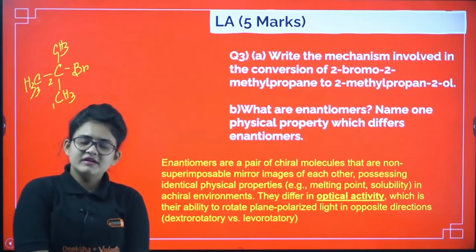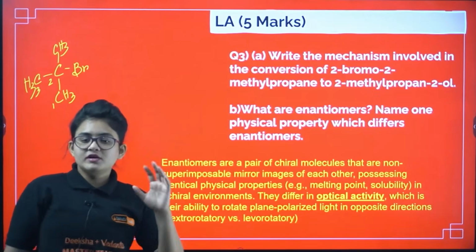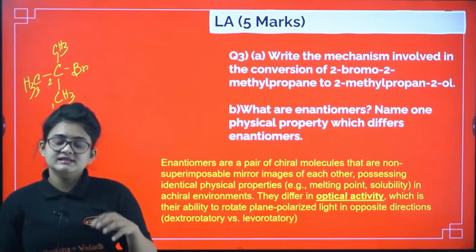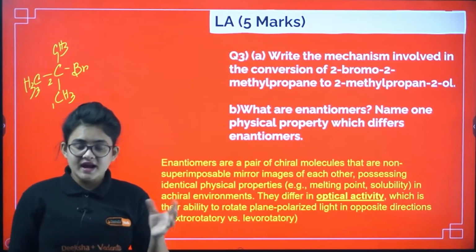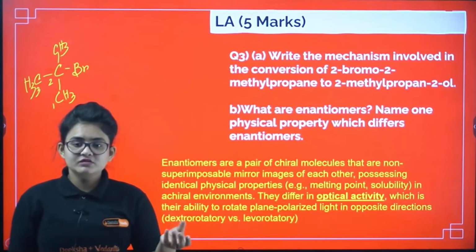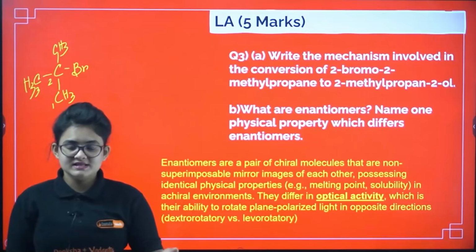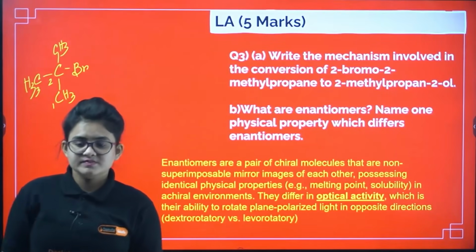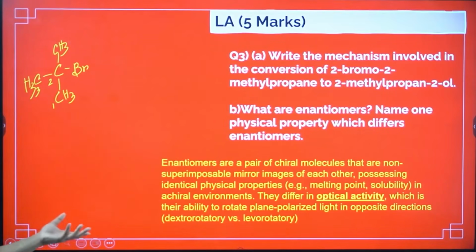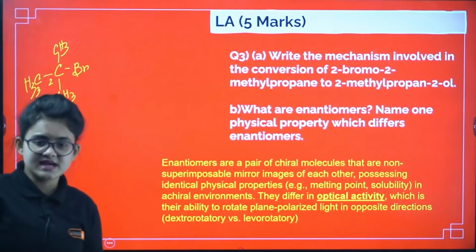If you are having dextro, then it will rotate the plane of polarized light to the right hand, and if you are having levo, then it will rotate the plane of polarized light to the left side, the anti-clockwise direction. One is clockwise and one is anti-clockwise.